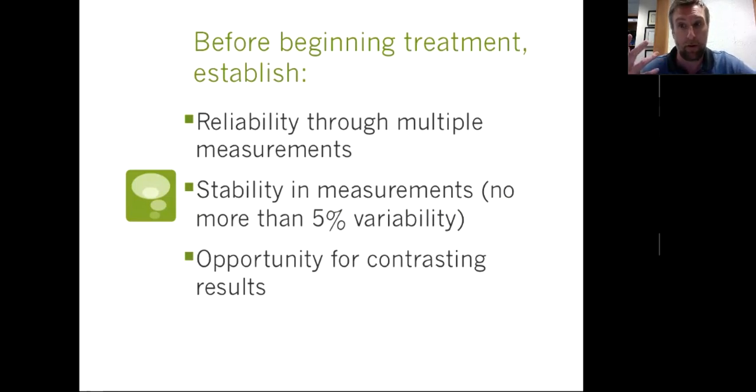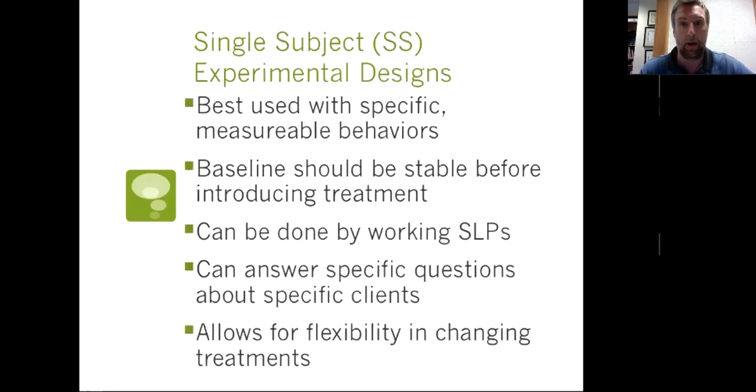Because if there's not much there to begin with, it's hard to show any kind of change anyway. It's best used with specific measurable behaviors, right? So this is very much a behavioral sort of way of looking at research and assessment. And baseline, again, should be stable before we start treatment.